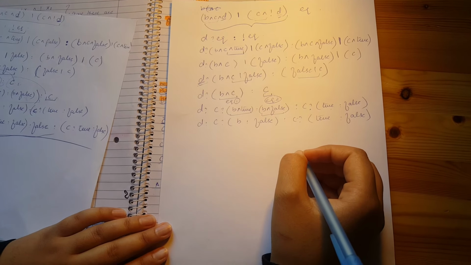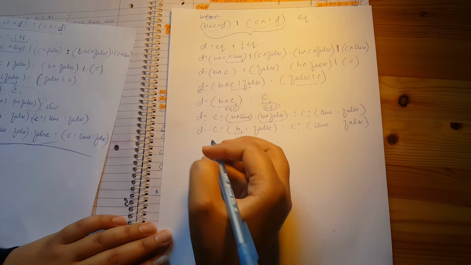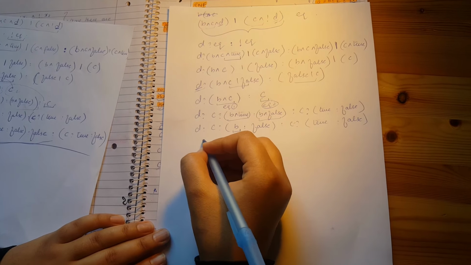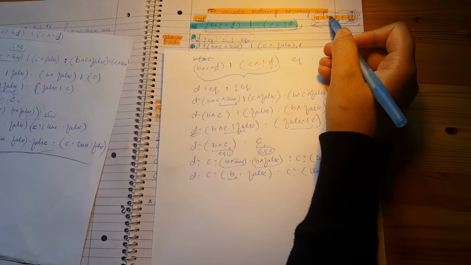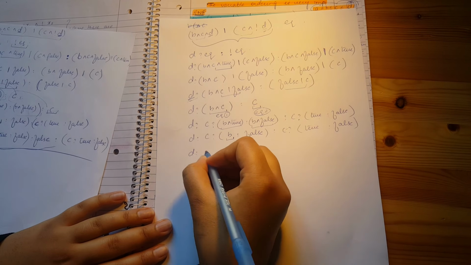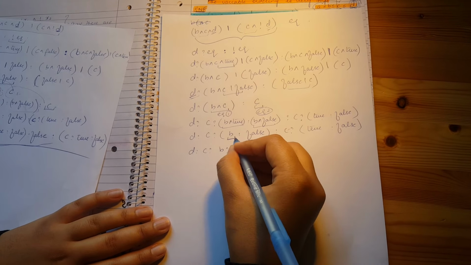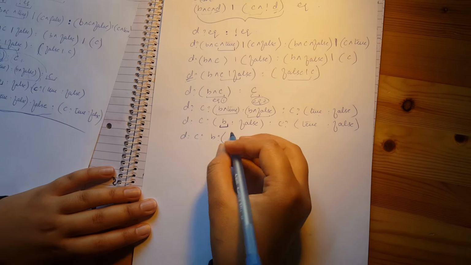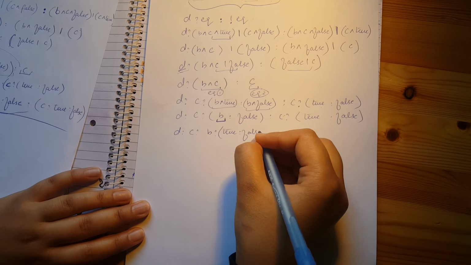And then we will solve for B. As we have done D, C, now we will solve for B. As there is no A, we won't solve for A. So for B, we will replace B with true, and then false.